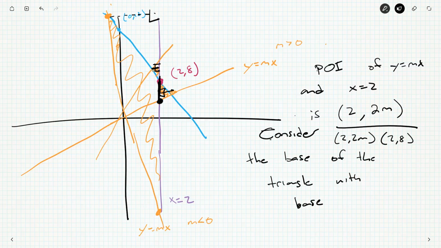Our base is going to be equal to, because we don't know exactly where the intersection is, it could be above 8, it could be below 8, we have no idea.